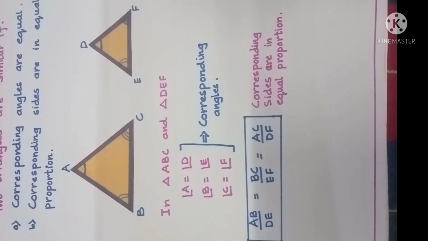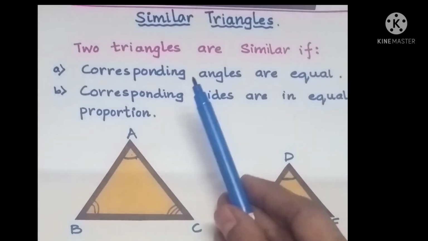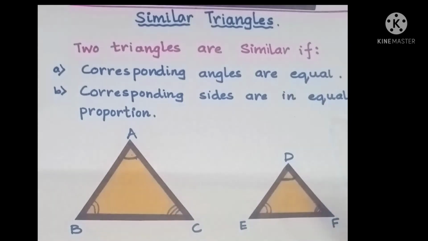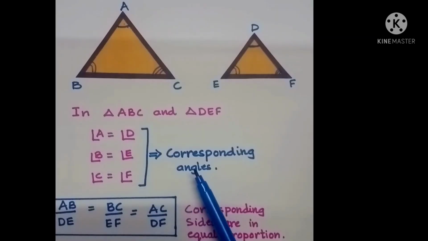Let us lastly recall the meaning of similarity of triangles. Two triangles are similar if their corresponding angles are equal and corresponding sides are in equal proportion. We have two triangles, triangle ABC and triangle DEF. In triangles ABC and DEF, angle A is equal to angle D, angle B is equal to angle E, and angle C is equal to angle F. So we say that the corresponding angles are equal.